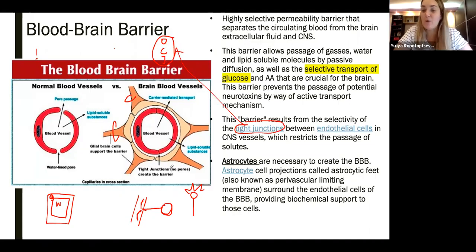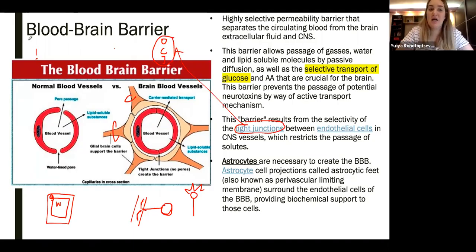You just have to remember what a tight junction consists of: occludin, claudin, and JAM. So basically, without astrocytes, the two endothelial cells will not have a tight junction between each other.